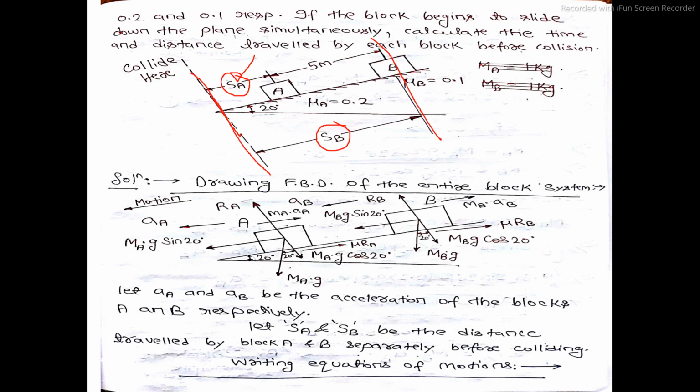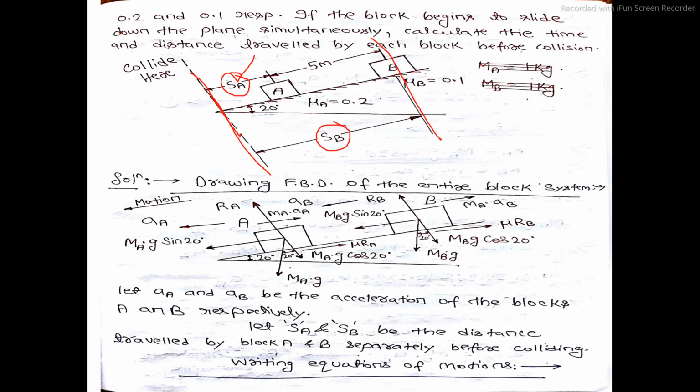So this SA and SB we need to find out. How can we find out SA and SB? For that we need to write down the equation of motion. Which equation of motion? Second equation of motion.